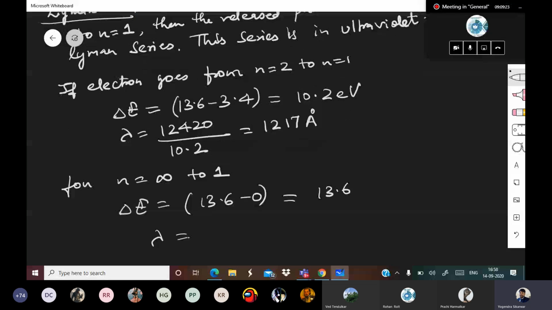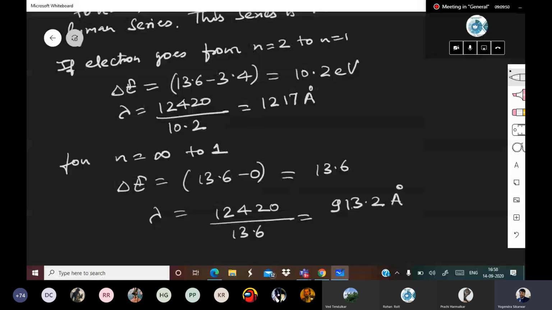So lambda in that case will be 12420 divided by 13.6, and that comes out to be 913.2 angstrom.